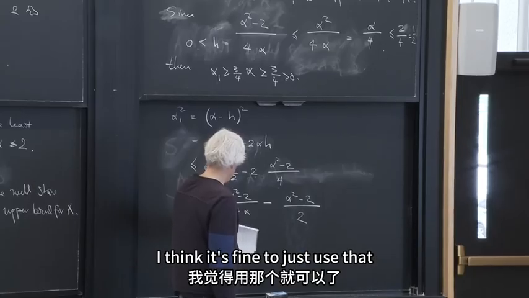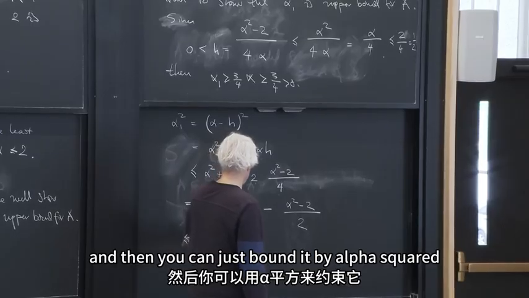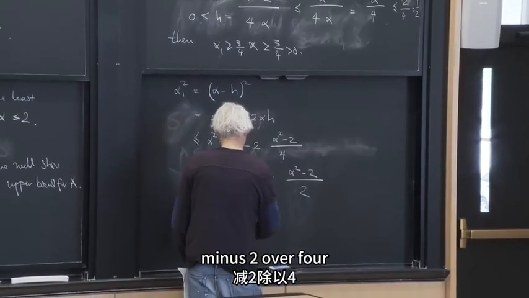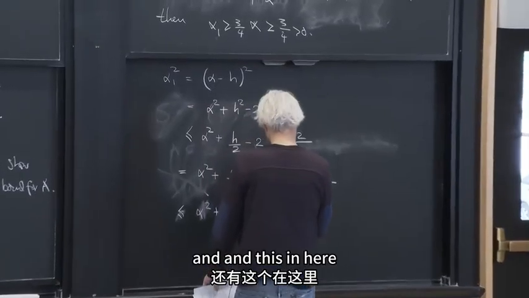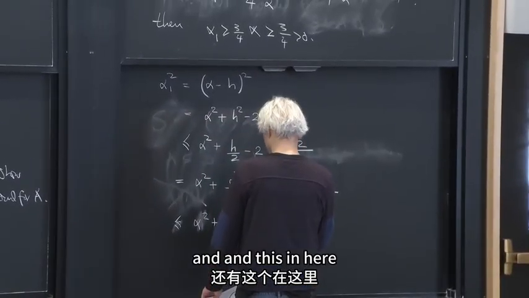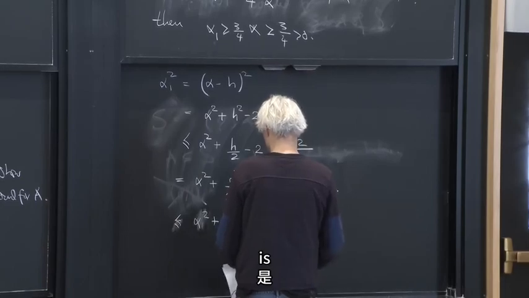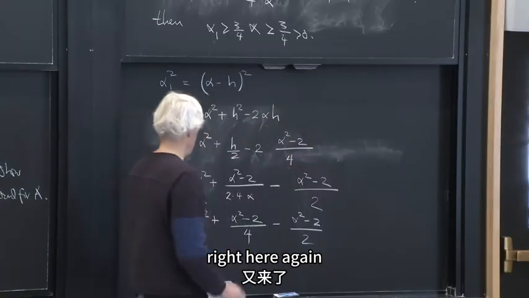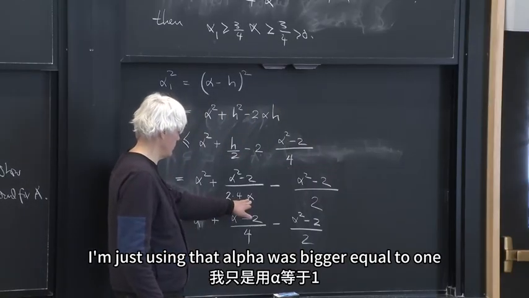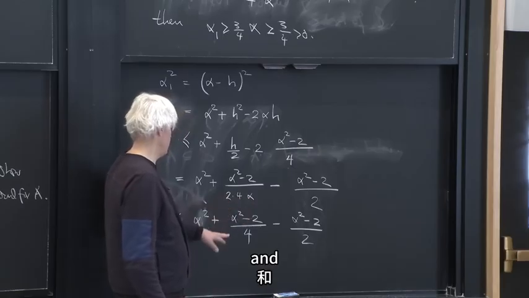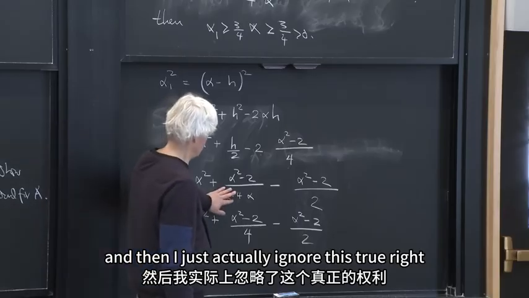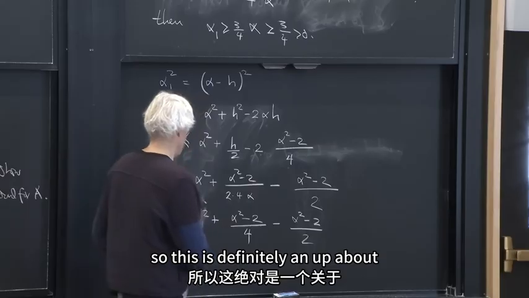I think it's fine to just use that alpha is bounded by 1, and then you can bound it by alpha squared minus 2 over 4. And this is alpha squared minus 2 over 2. Here again, I'm just using that alpha was bigger or equal to 1, and then I actually ignore this 2. So this is definitely an upper bound, right?